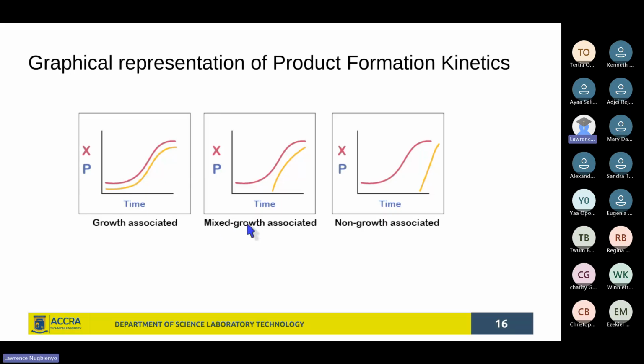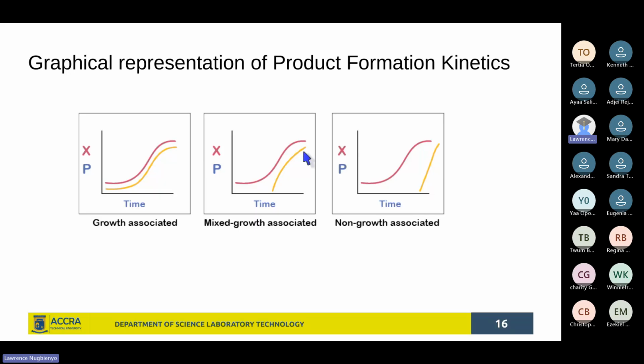Then you have the mixed growth rate. We saw that in the mixed growth rate, you have some components of proportionality with the exponential phase, that is the growth phase. At the same time, you have some components with a stationary phase as well.